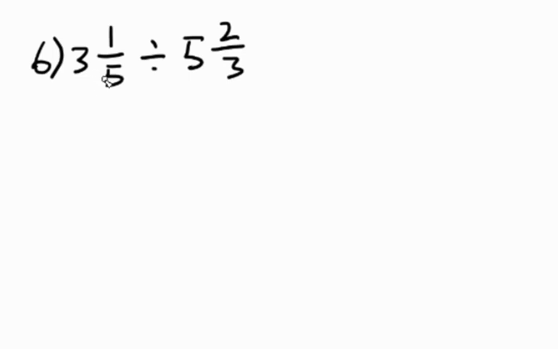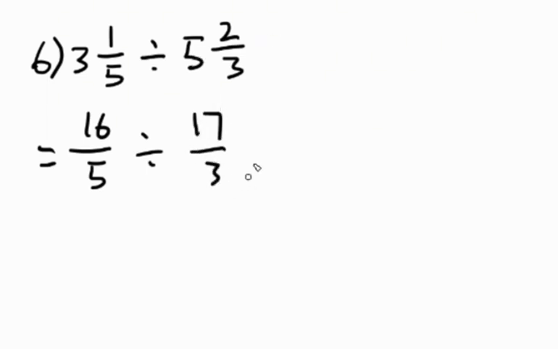Question 6. 3 and 1 over 5 divided by 5 and 2 over 3. So first, we'll convert these to improper fractions. 3 times 5 plus 1 equals 16 over 5, divided by 5 times 3 plus 2, which is 17 over 3.